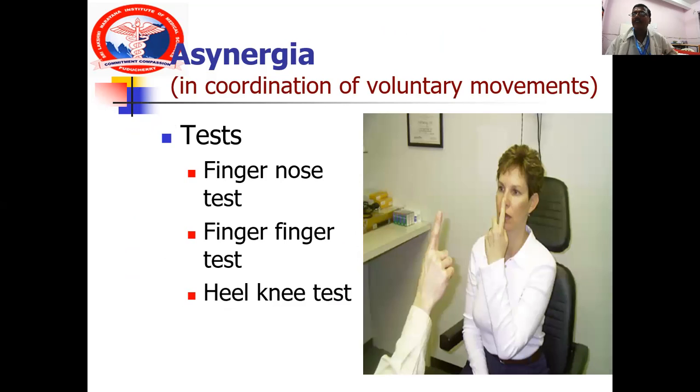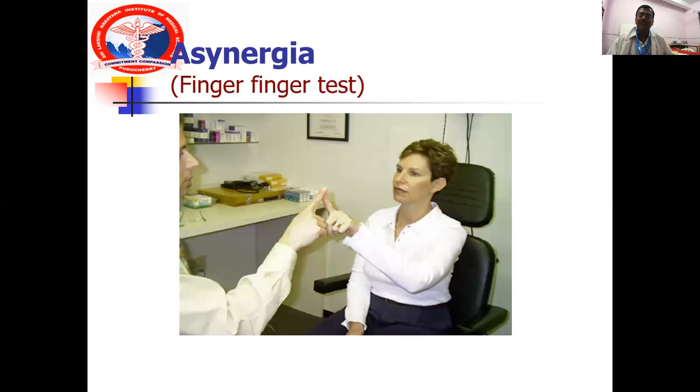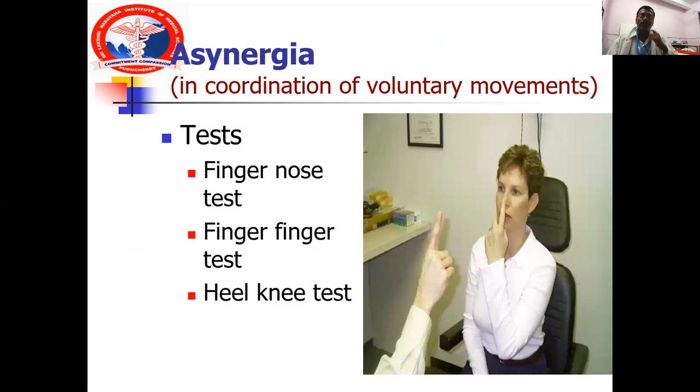Asynergia is a lack of coordination of voluntary movement. Tests to find out asynergia are the finger nose test and finger to finger test. You can see the picture of how to perform the finger nose test and heel knee test. This is the finger to finger test. The first one is the finger nose test: touching the subject's nose with a closed eye.